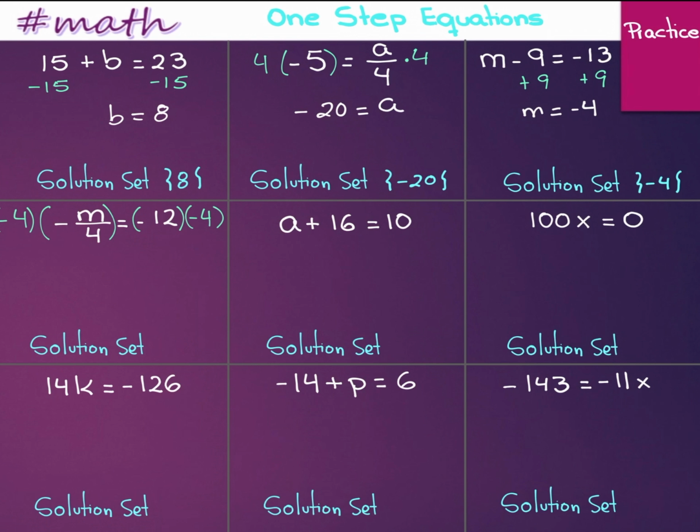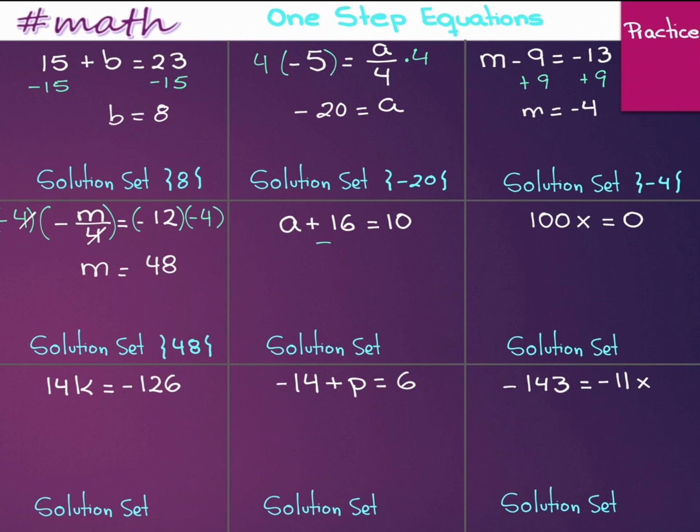Negative times negative is positive, and the 4's are going to cancel out. So we get m on the left-hand side. And then 12 times 4 is 48, and negative times negative is positive, so my answer is m equals 48, and the solution set is the set containing 48.